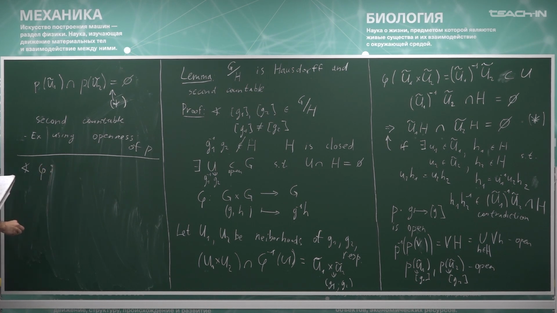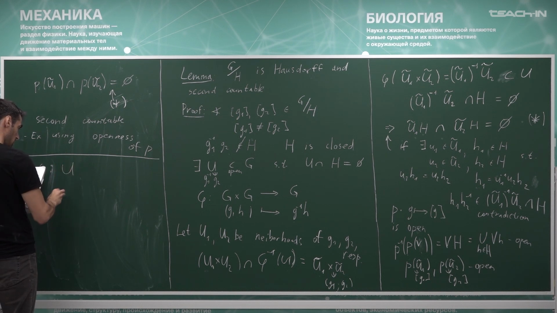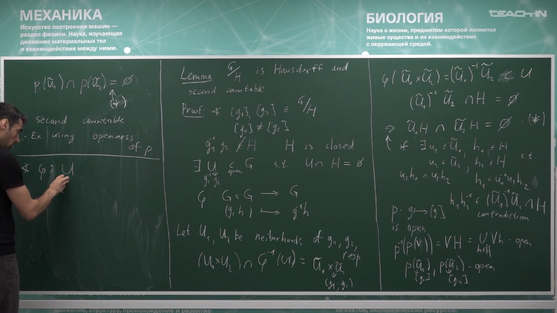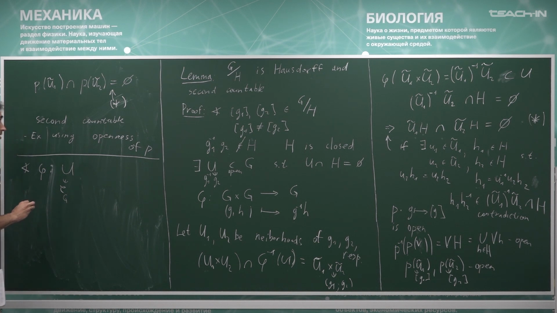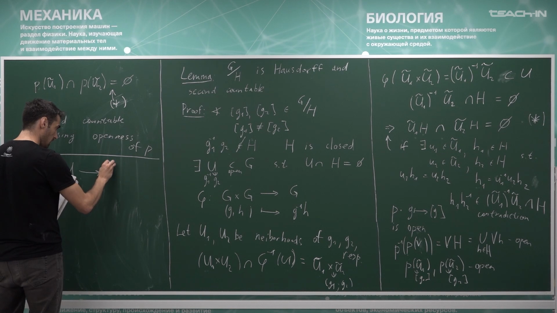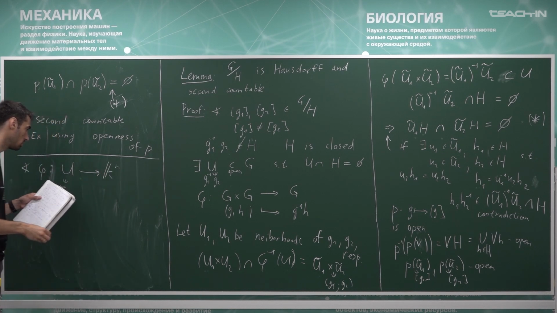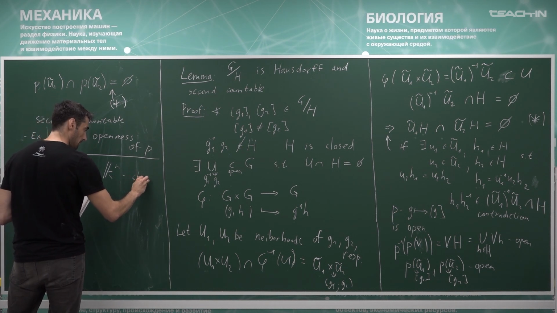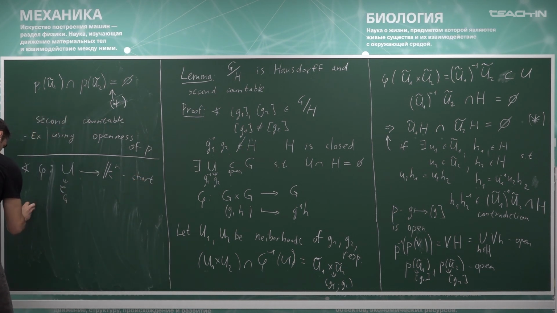It's a homeomorphism from an open set, and I would like this set to contain E, so E in G, to K^n, where n is the dimension of G. So this is a chart of G. G is a manifold, so therefore we can find it.